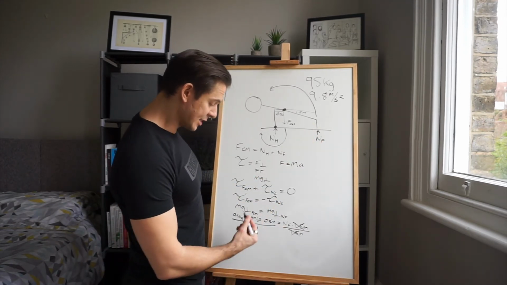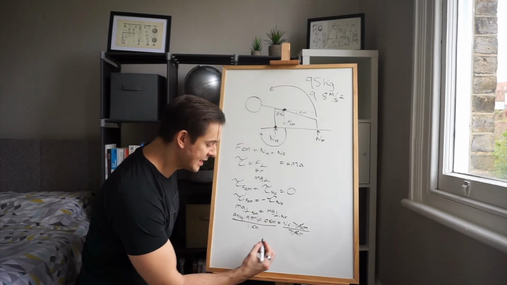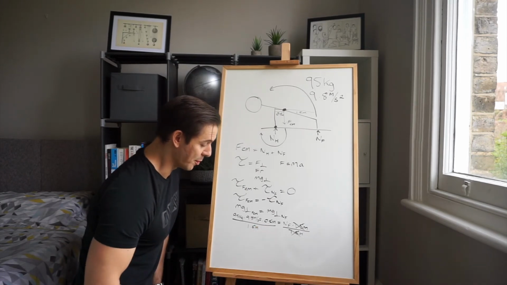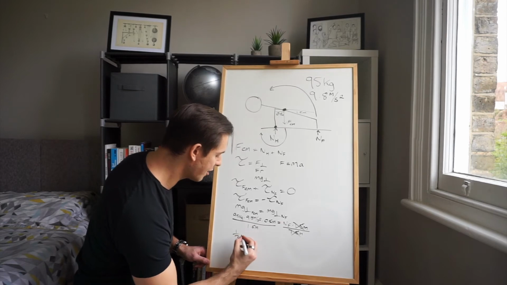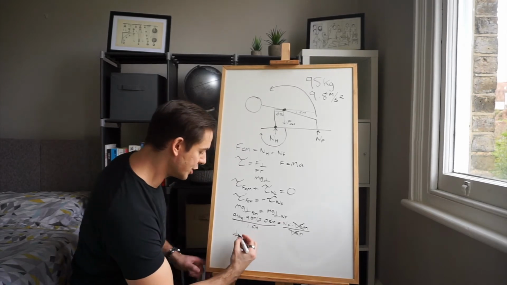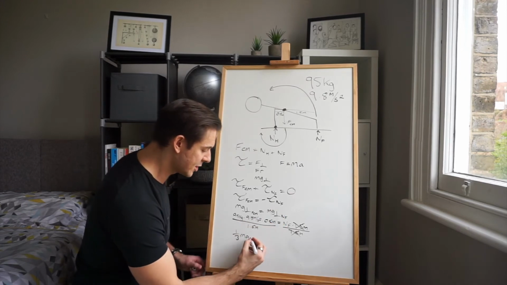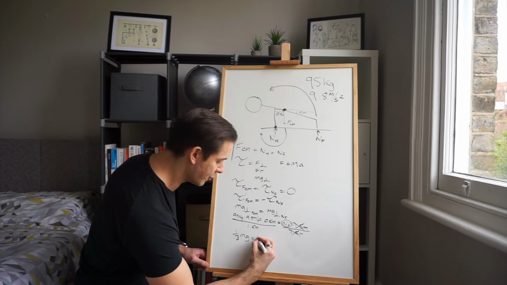We could rearrange this a little simpler because we've got 0.5 meters divided by 1.5 meters. And there's a ratio between 0.5 to 1.5 that is a third. So we could rearrange this and say that 1/3 mg, mass times gravity, is equal to the normal force on the foot.